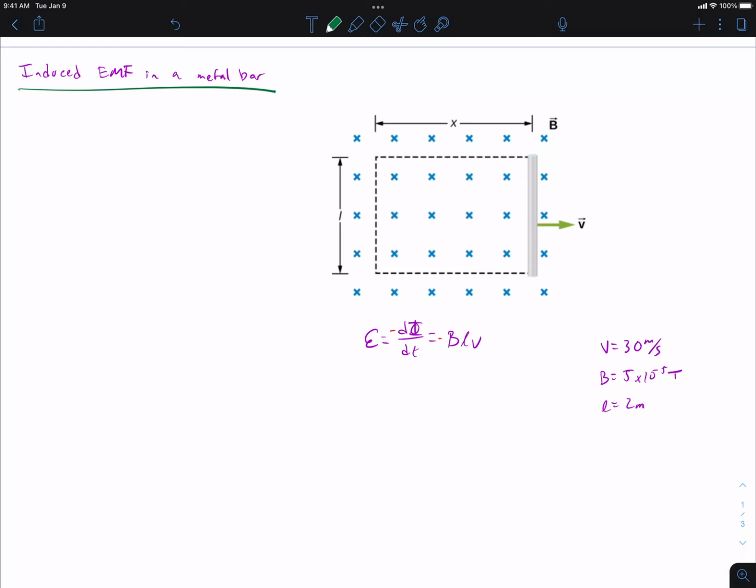All right, students, in this next example, we're going to look at another example for inducing EMF in some material. Now, in the first example, we had a coil of wire, and when we first started to look at this topic, we had an example where you had a metal bar in a circuit, right?